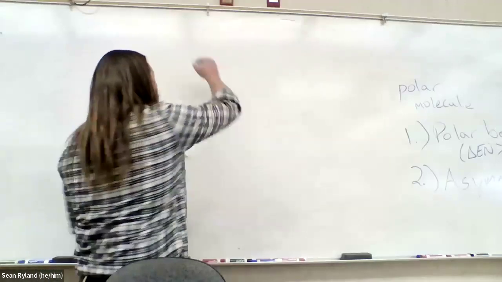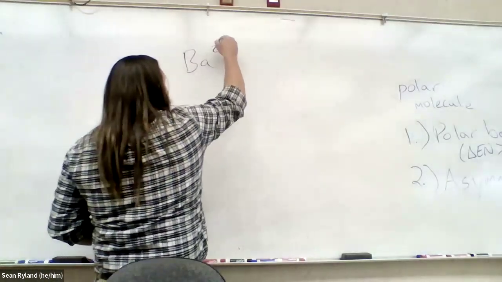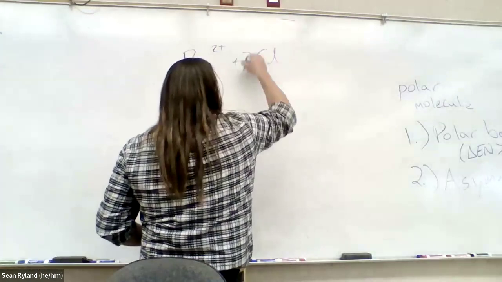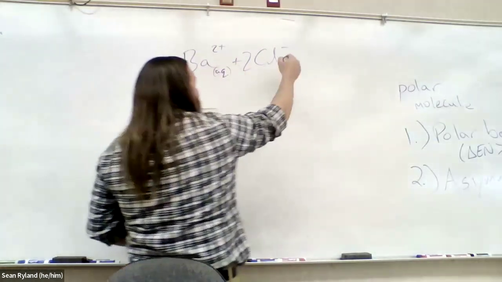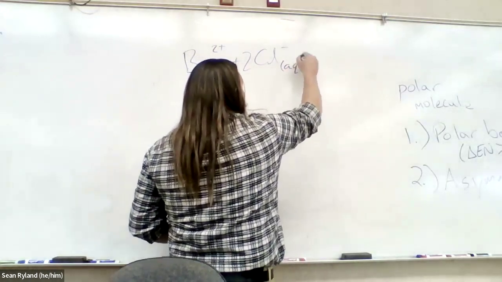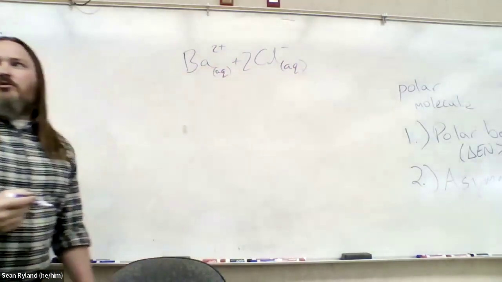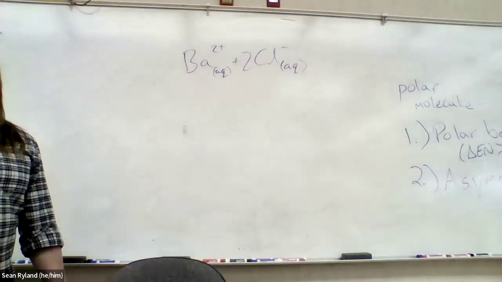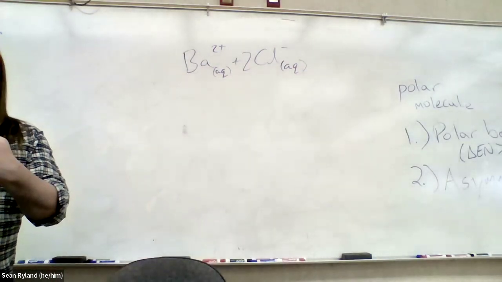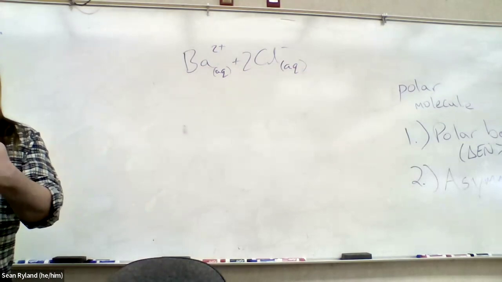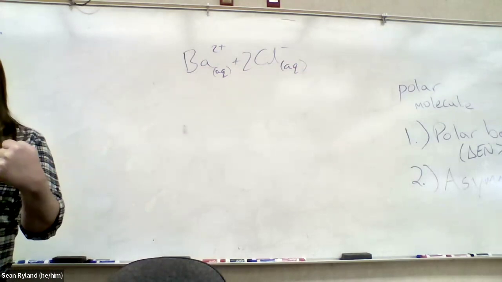So in our first example, barium 2+ plus chloride, barium can be floating around surrounded by water molecules, chloride's floating around surrounded by water molecules. But when you mix them together, when they bump into each other, they stick in a way that's too tight for water molecules to pull them apart.